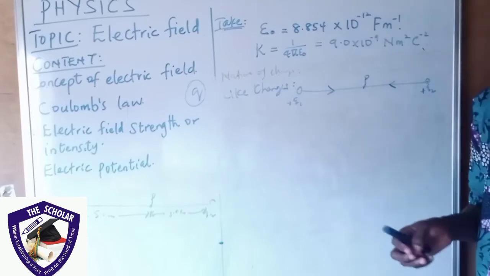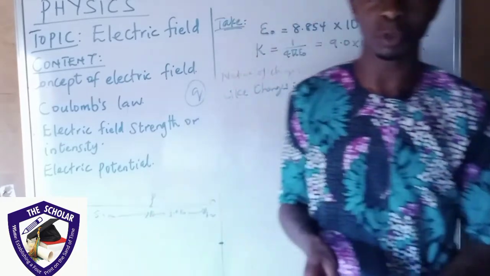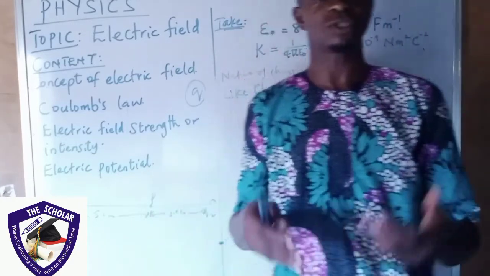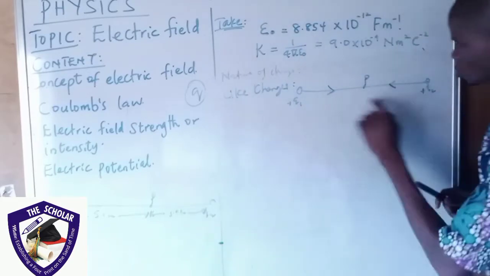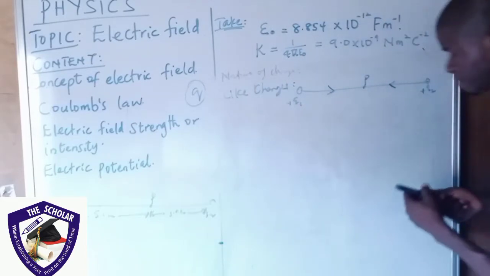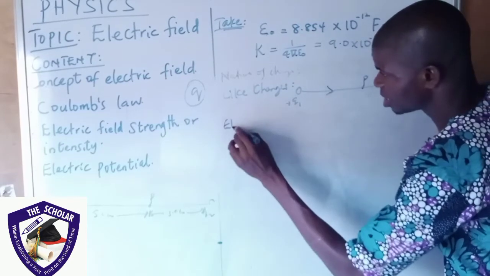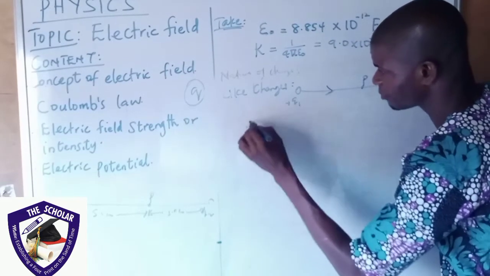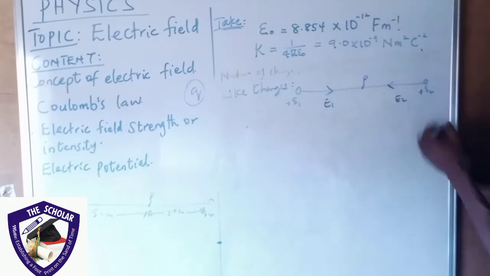According to the knowledge of force, when two forces are moving in the same direction, their resultant will be the addition. But when two forces are moving in opposite directions, their resultant will be the subtraction. So since these two are moving in opposite directions, we have E1 here for the first one, and E2 for the second force.